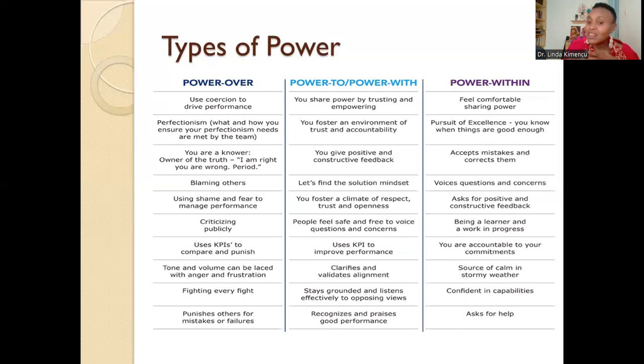So power within is individual. It is you feeling comfortable in who you are, and because you're comfortable in who you are able to share the power. Power to and power with is also shared power between two people who are secure enough to share their power.